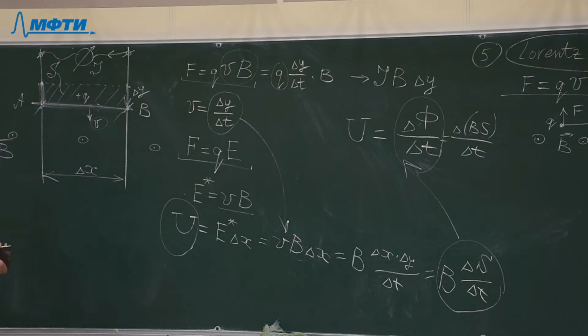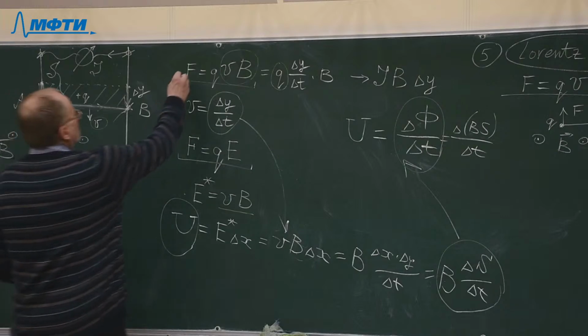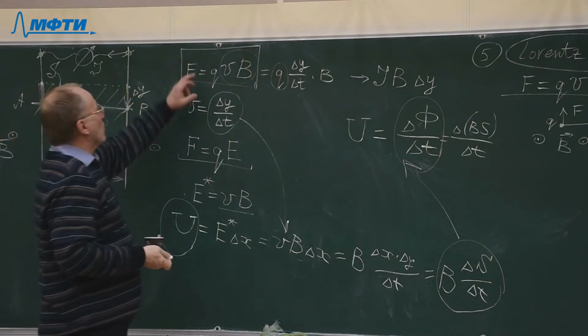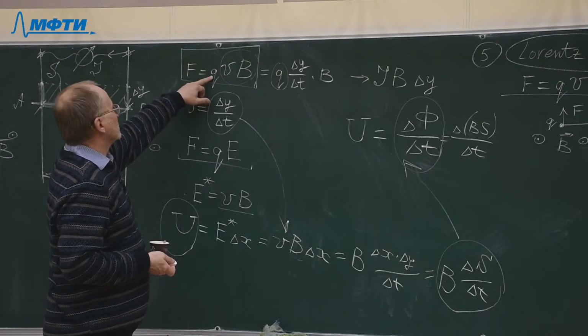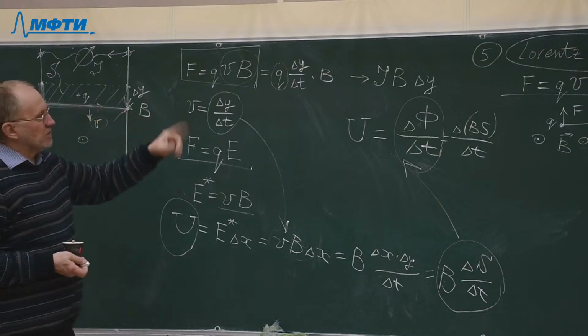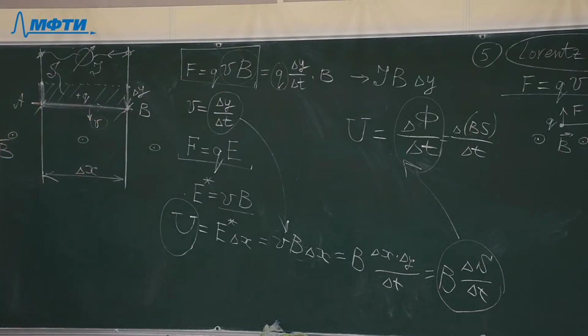And so what we obtained here is that we started from the formula for the force acting on a single charge, which is the Lorentz force. And from this formula, in a particular situation, we obtained Faraday's law of electromagnetic induction.